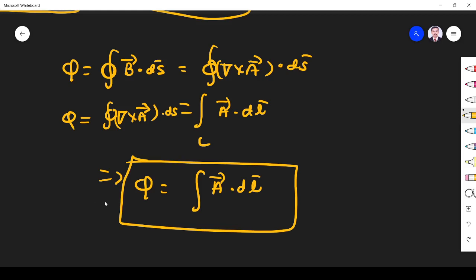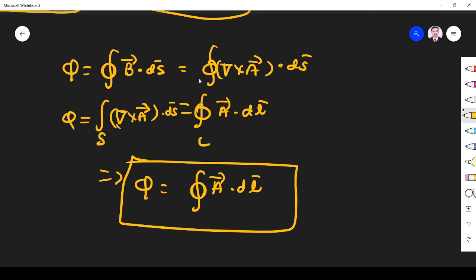Fine. So this is another important equation. What it is telling is the line integral of magnetic potential around a closed path. Stokes theorem relates the open surface integral of del cross A dot ds, and if I apply Stokes theorem, the surface integral becomes a closed line integral.